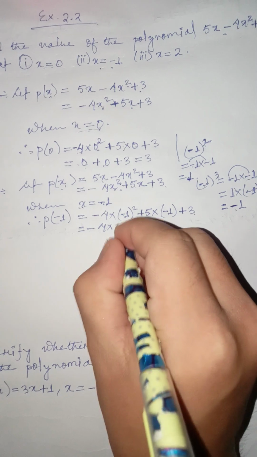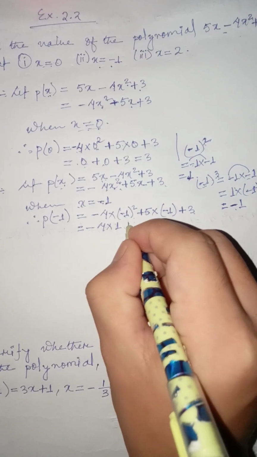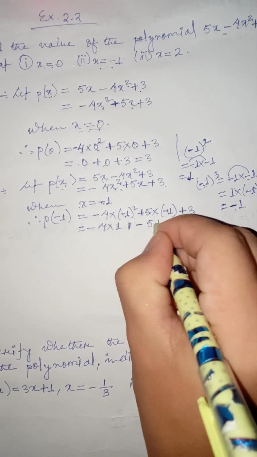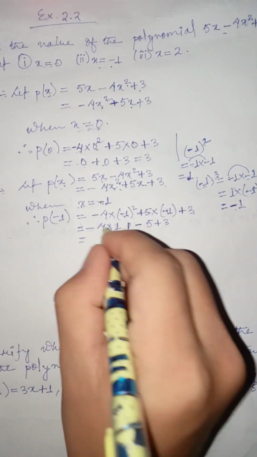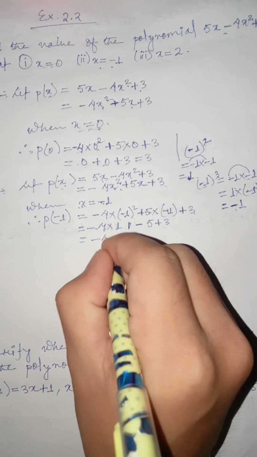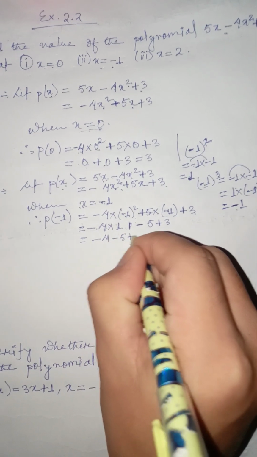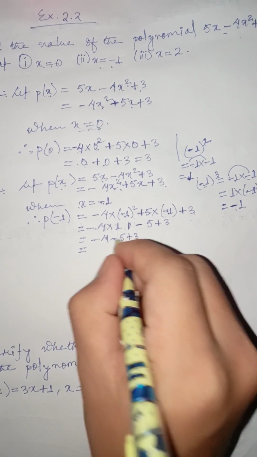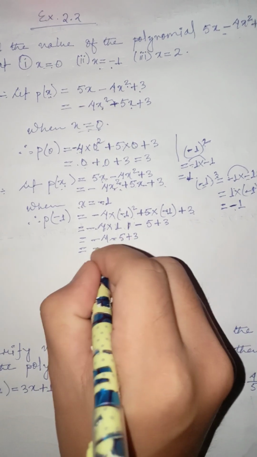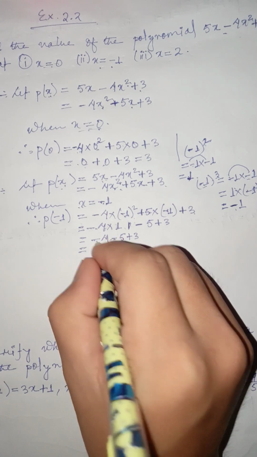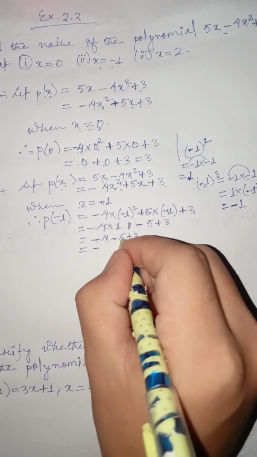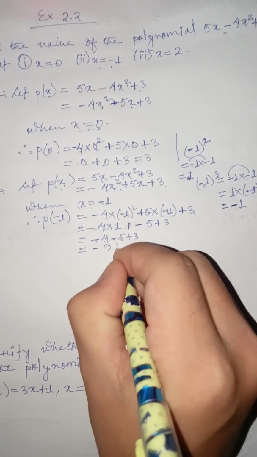Minus 1 square will give you 1. 5 into minus 1 will give you minus 5 plus 3. 4 into 1 will give you 4, minus 4, minus 5 plus 3. Minus into minus will give you plus, but the sign of it is just before the greater number is minus. Okay, the one that we got after we multiply minus and minus, we have to use it here. 5 plus 4 will give you 9.